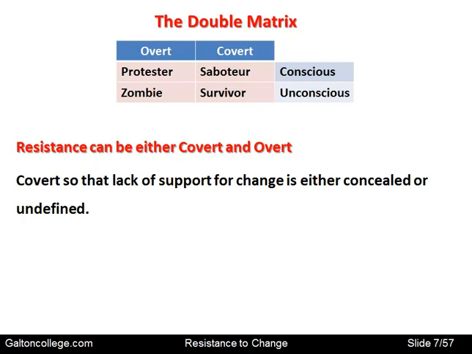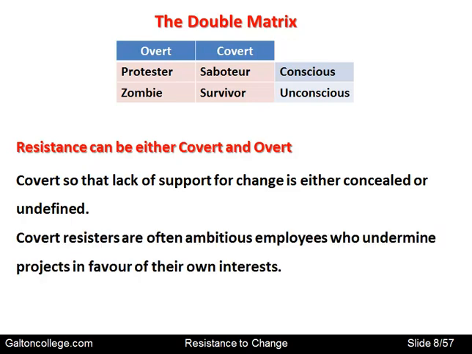It's not very clear who's resisting it, or what the basis of the resistance is, or the nature of the resistance. It's covert. It's there, but it's like secretively there. Covert resistors are often ambitious employees who undermine projects in favor of their own interests.